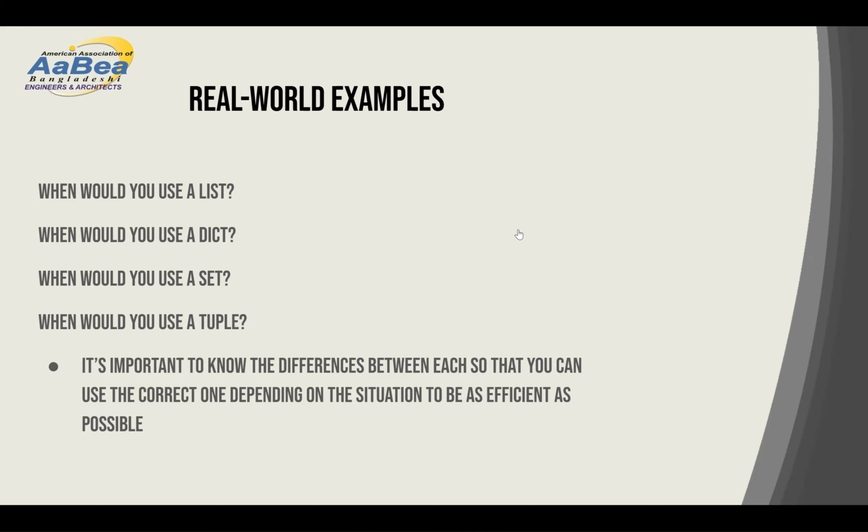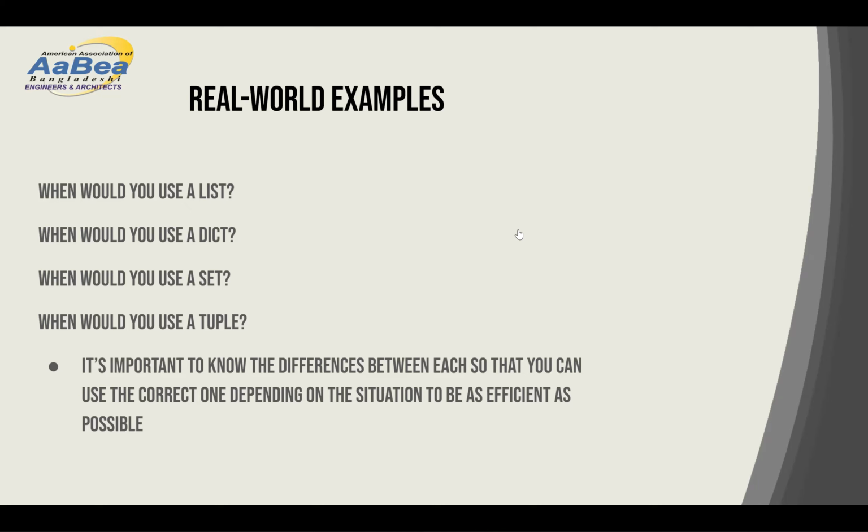But throughout all this, it's really important to know the differences between each of these data types so that you can use the correct one depending on the situation, to be as efficient as possible. Because that's the name of the game, right? Efficiency. People want really good programmers, and you become a really good programmer by being an efficient programmer.